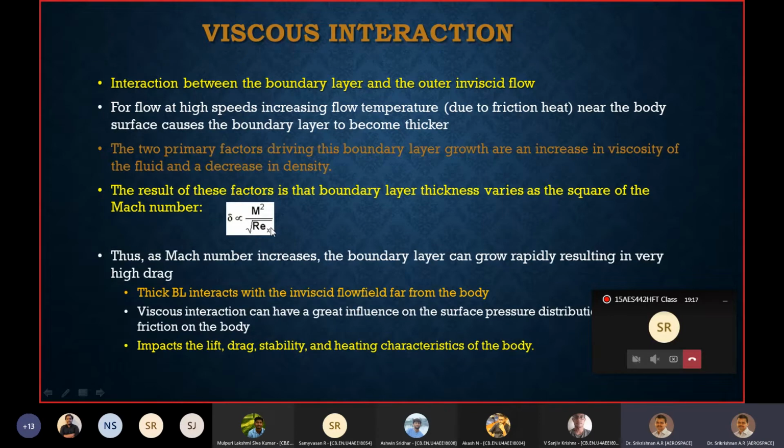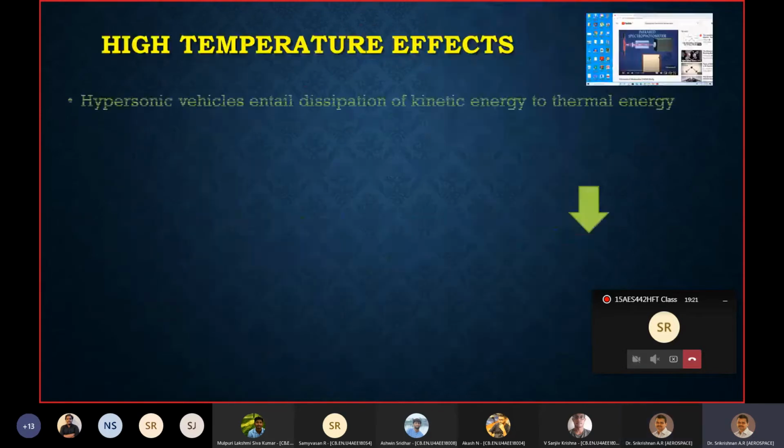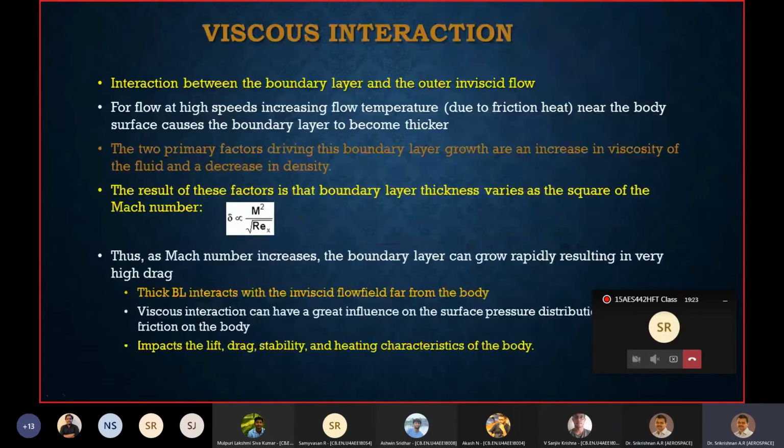This is one reason why in the design of hypersonic vehicles, the body and the engine cannot be independent of each other. In fact, the engine has to be part of the body. So the engine body integration, the engine airframe integration, is a major issue in hypersonic flow applications, hypersonic propulsion.